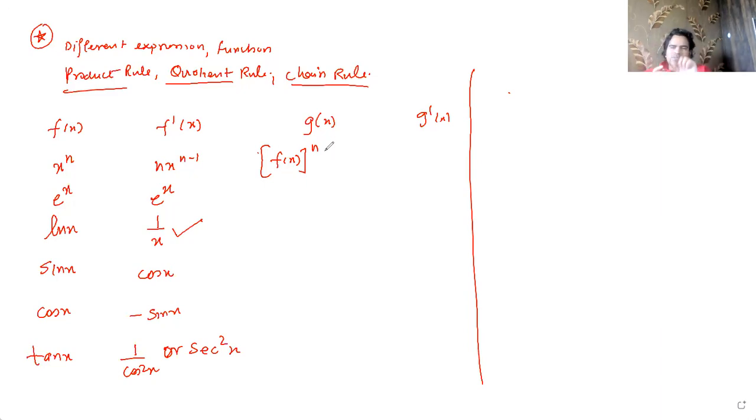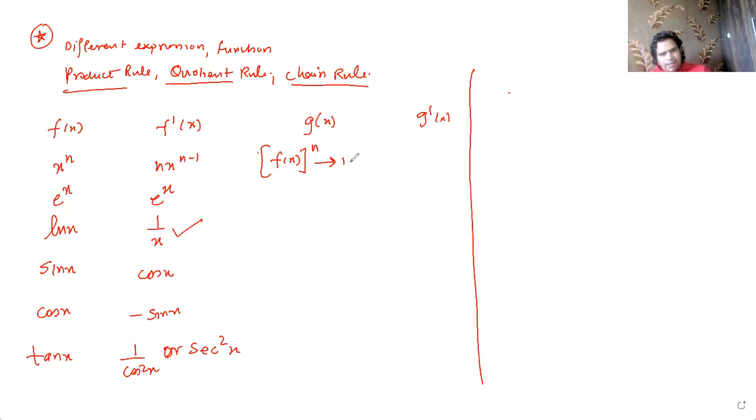So consider here that x to the power n is the father function, and f of x inside it is the child. First differentiate the father function, as if you're differentiating a normal x to the power n.